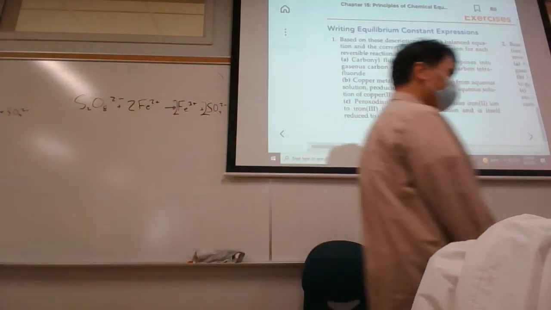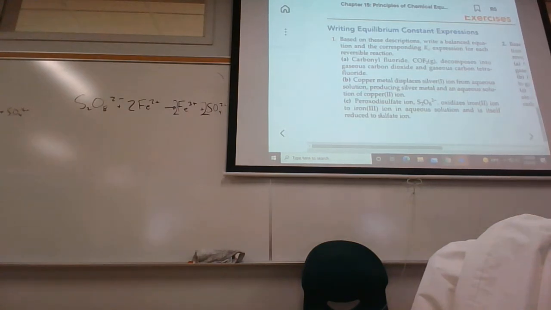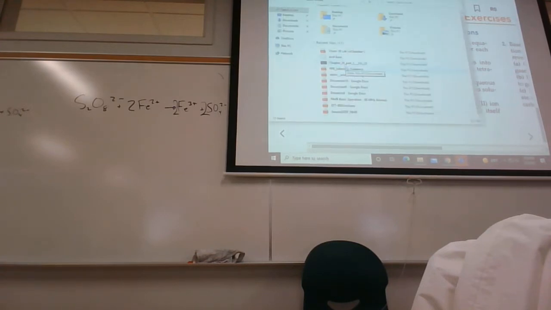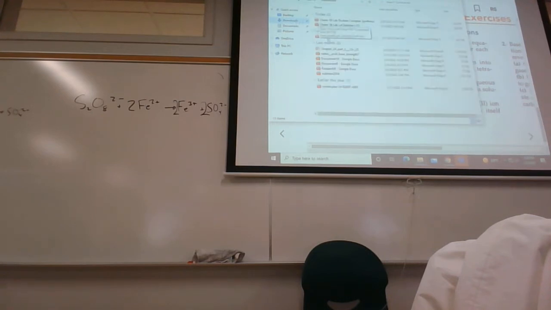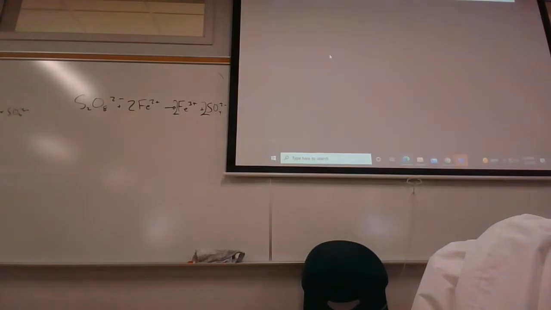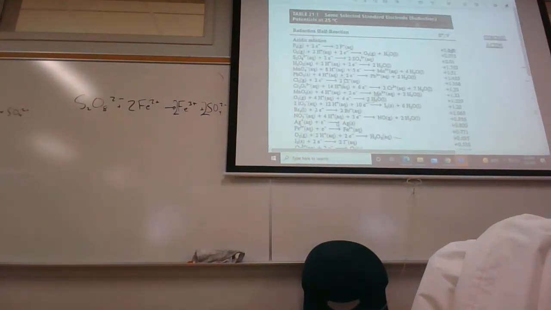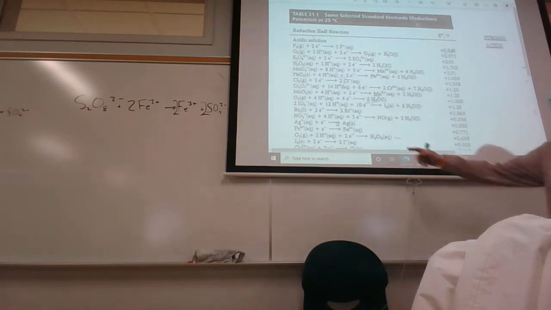The quickest way of doing this is if we have a redox chart, and both of these occur on the redox chart. So we could copy these off the redox chart.